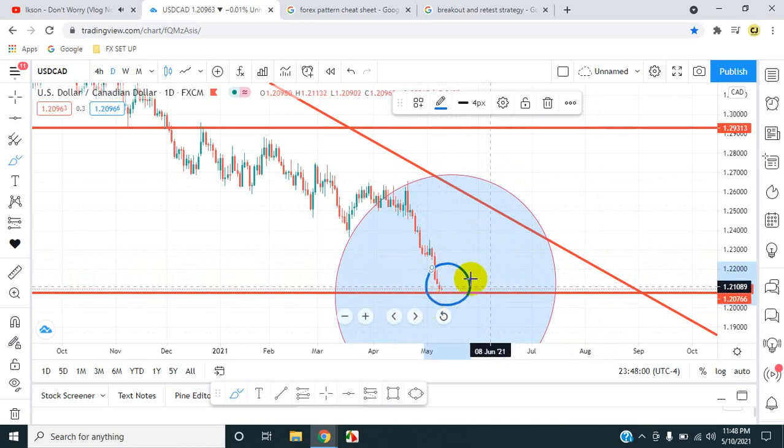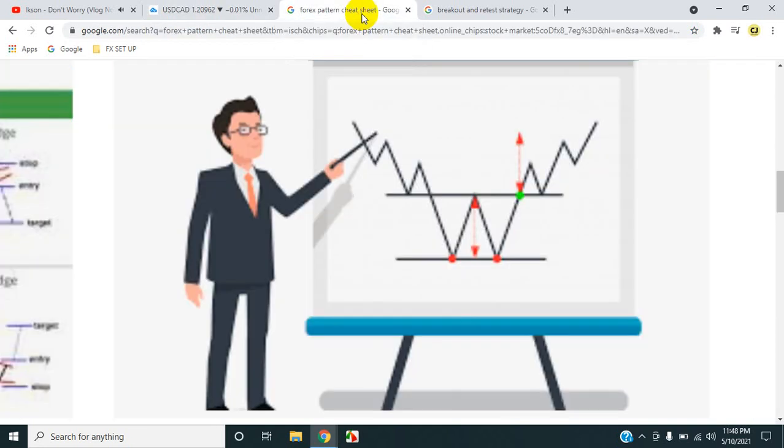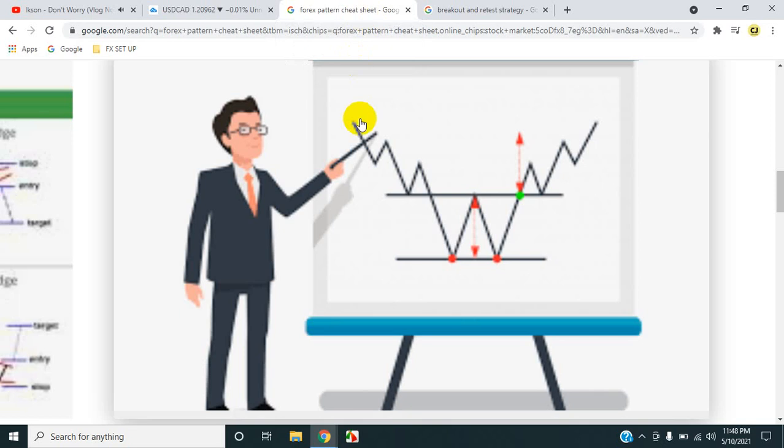For us to figure out what pattern is going to happen in this market, for us to stay ahead of the game, we'll go to Google, type in Forex pattern cheat sheets, and we'll look for patterns. For example, we have a double bottom right here. And what this example is, market coming down from somewhere. We have one push down, two push down, three push down to the bottom of major area of support.